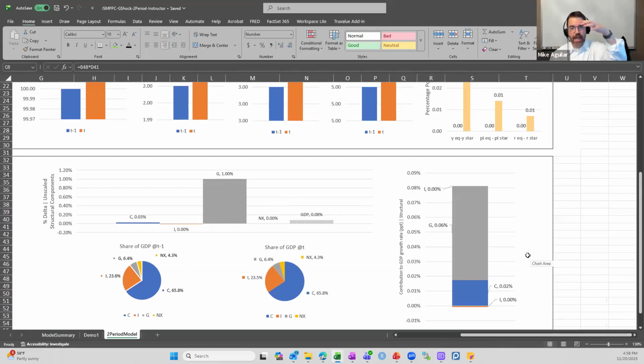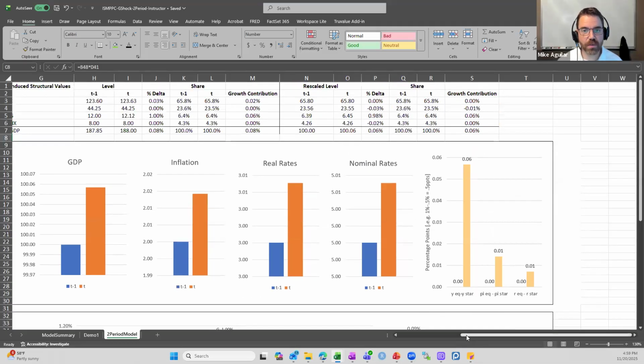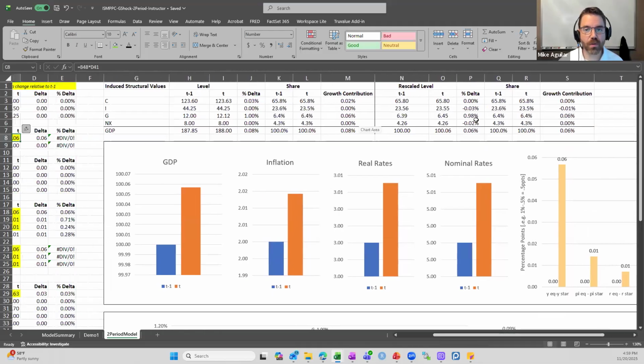The stacked bar chart adds up to the total. And a big chunk, 0.06 percentage points, was due to G. Income effect, C. Don't forget there's interest rate in there, so that ameliorated somewhat. And then the interest rate effect, the negative going down. And if you want to see the whole puzzle with the growth contributions right there.